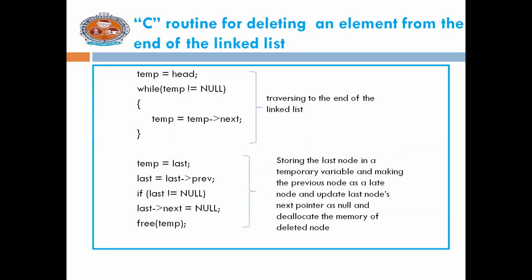Here comes the routine for deleting an element from the end of the list. In order to delete an element from the end of the list, first of all, you have to traverse from the beginning to the end of the list.